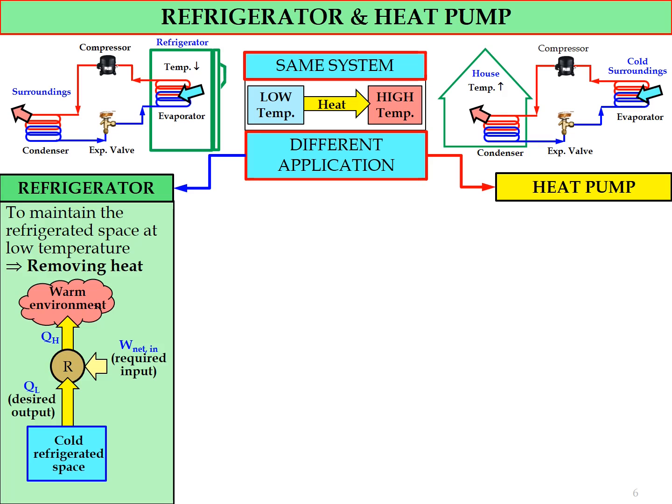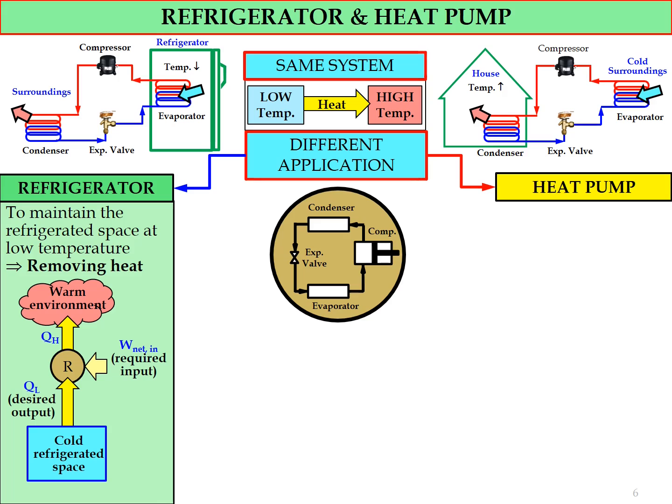We can draw a simplified schematic diagram to describe the process in the refrigerator, where the circle with R symbol represents the refrigerator. The circle actually represents the main components: compressor, condenser, expansion valve, and also evaporator. So we just simplify this diagram and draw the circle with R symbol.